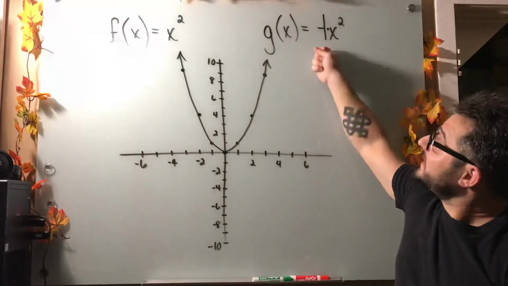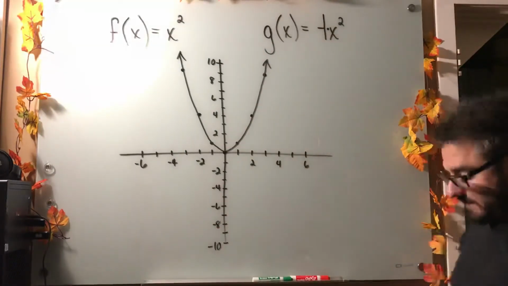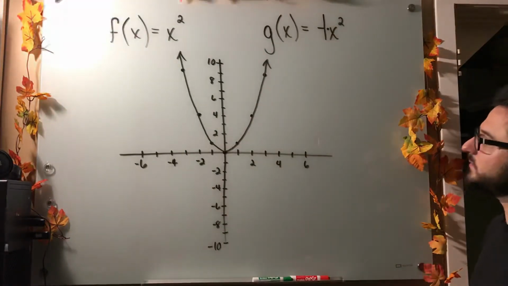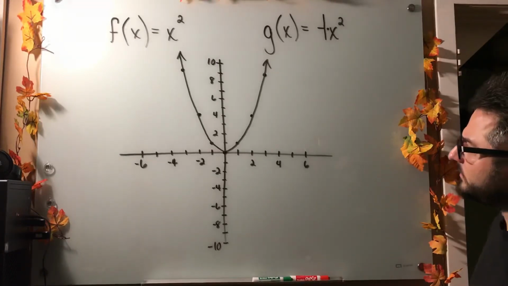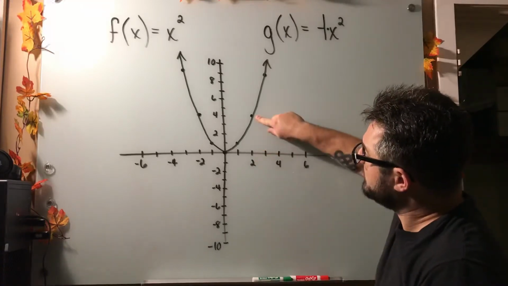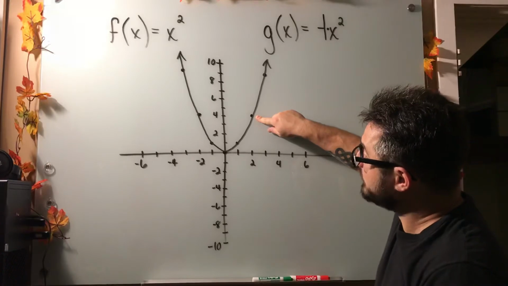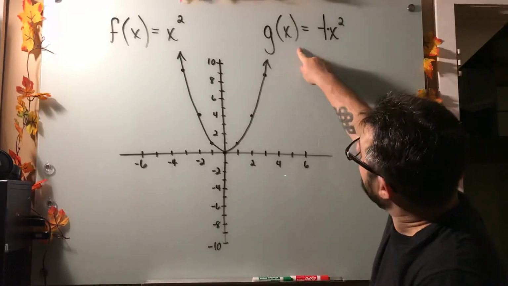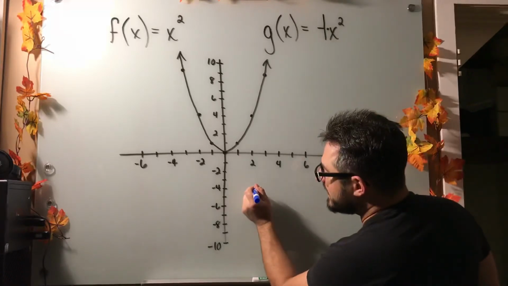By contrast then, this will only produce negative outputs, and of course 0. So let's use the points that we played with before, namely 2, which produced an output value of 4, but with g of x, it produced an output value of negative 4.